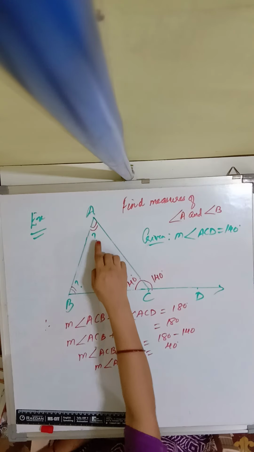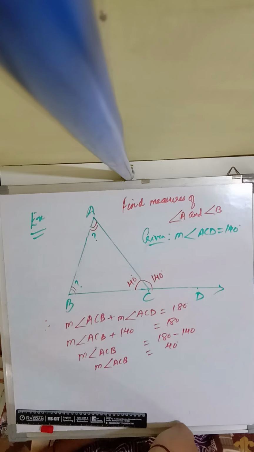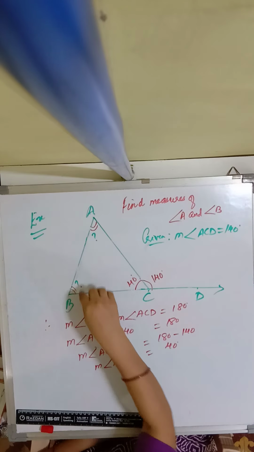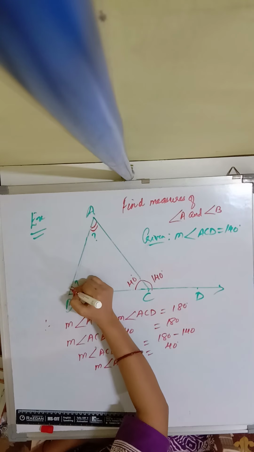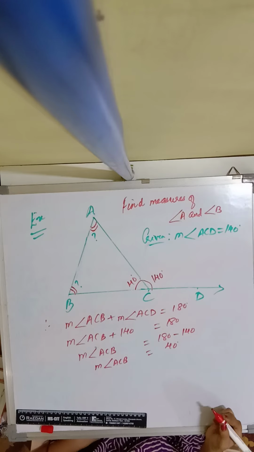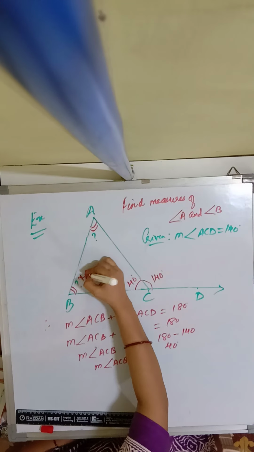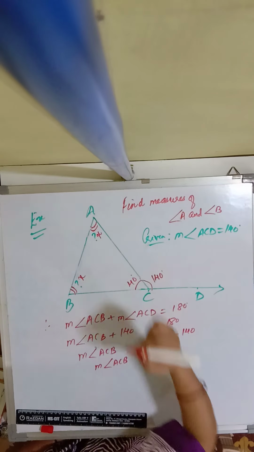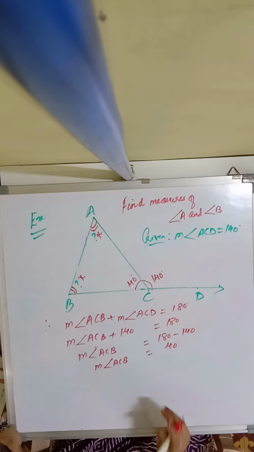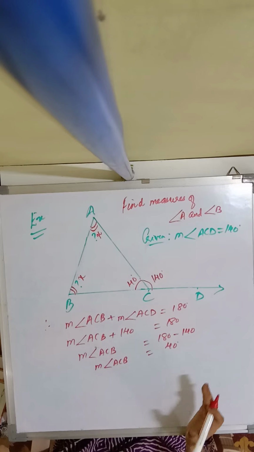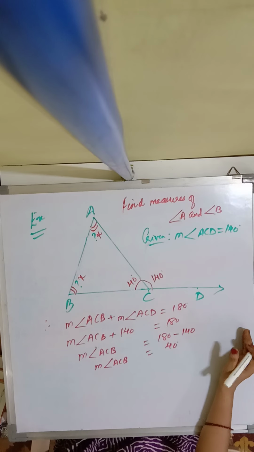Now we have to find angle A and angle B. What is meant by this sign, children? This symbol indicates that both the angles are equal. Suppose we take this as x, so this also will be x. Now we know that the sum of measures of all the angles of a triangle is 180. What is the rule?